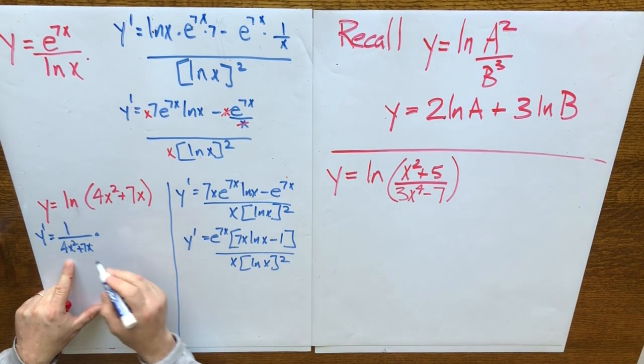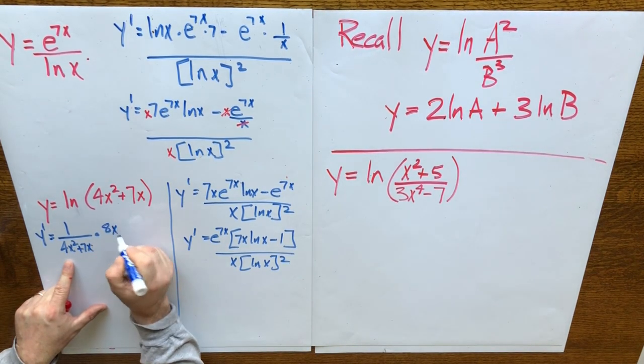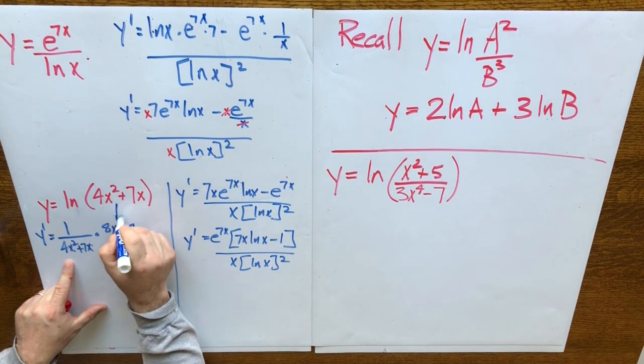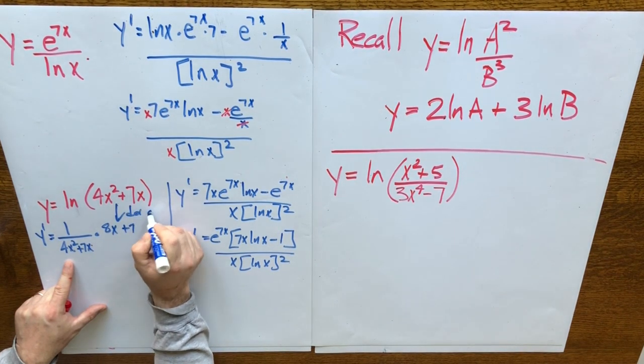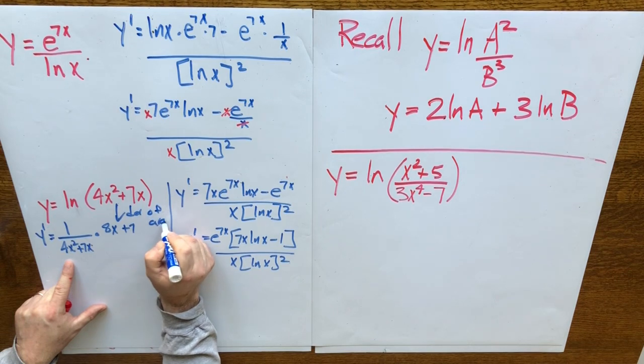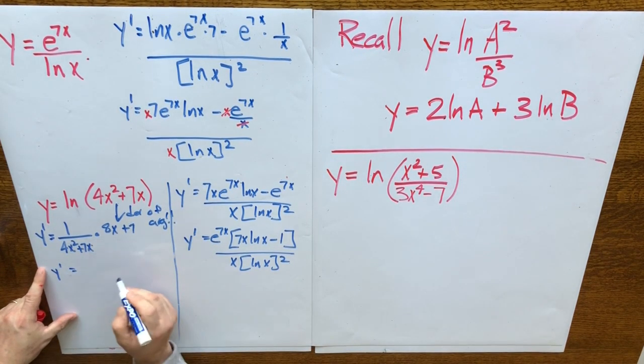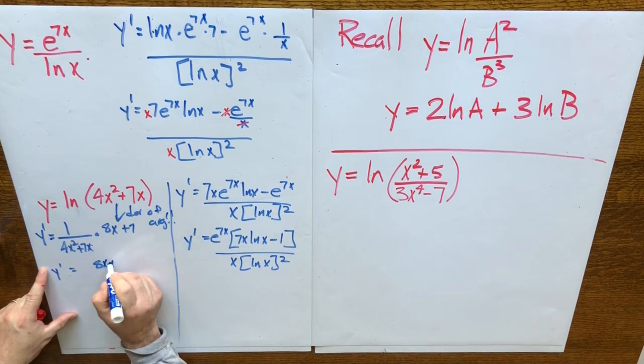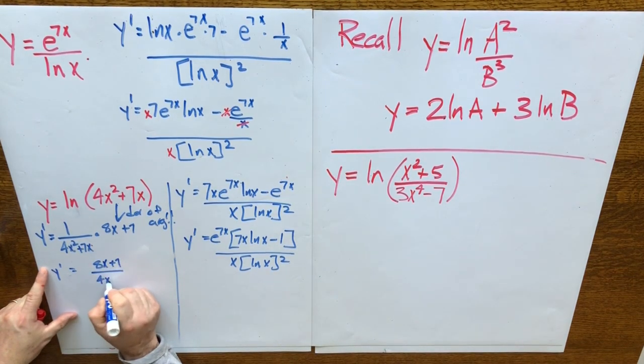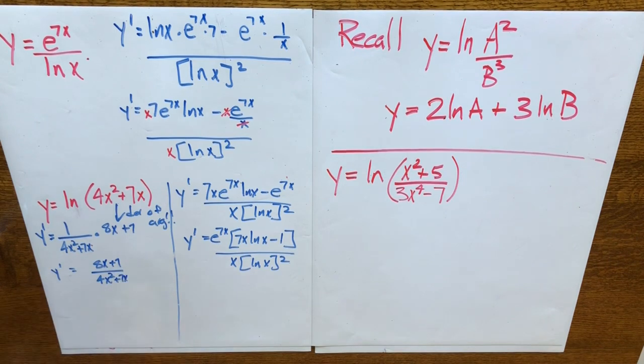And the derivative of the argument is going to be 8x plus 7. So y prime equals 8x plus 7 over 4x squared plus 7x.